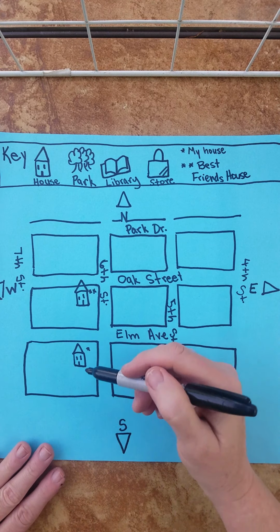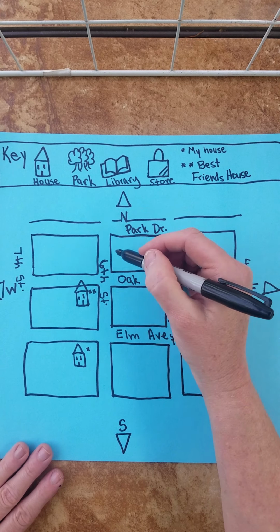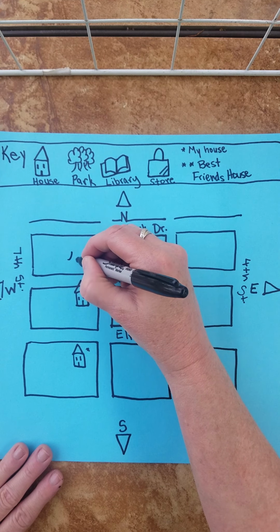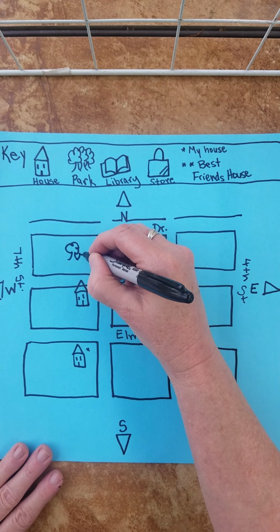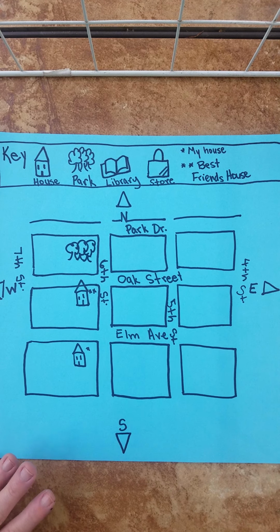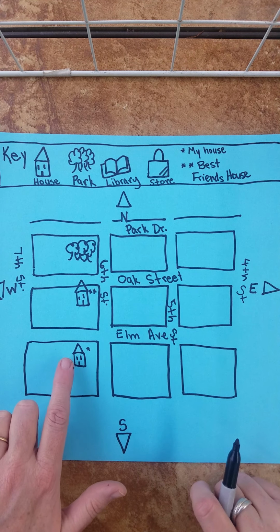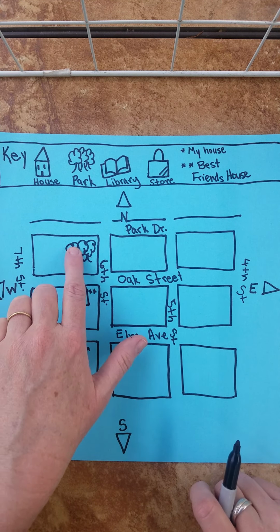Okay. So I would stop and I would get her and we would walk up and we would pass the park. Sometimes we would stop before we went to where we were going, or sometimes we come on the way back. So because of the key, I know that I have 2 houses on my map and a park.